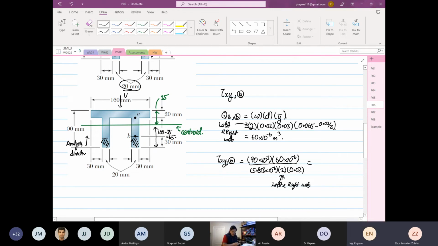So this is equal to 90 times 10 to the power 3 times 60 times 10 to the power minus 6, divided by 5.813 times 10 to the power minus 6, divided by 2, divided by 0.02, which is equal to 23.224 times 10 to the power of 6 Pascal. I will do it again, 23.224. Okay.